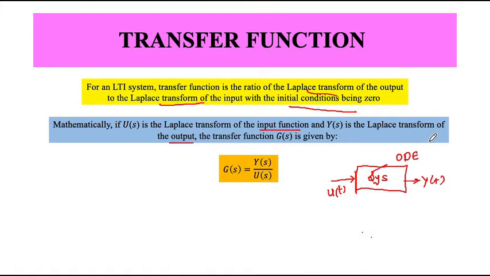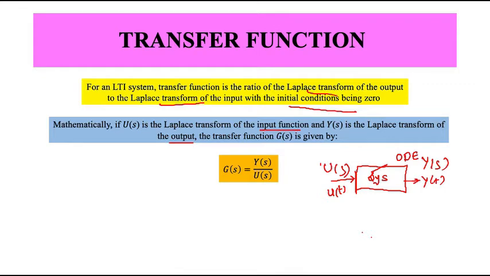I transform it into the Laplace domain, so I have Y(s) and U(s), and the linear relationship which describes how a certain input results in a certain output is called the transfer function.